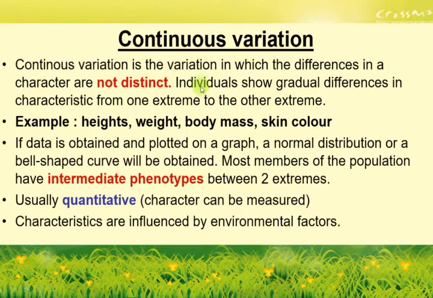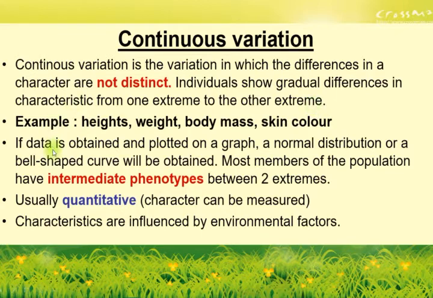Individuals show gradual differences in characteristics from one extreme to the other extreme. So the individuals show just a little difference in the characteristics.